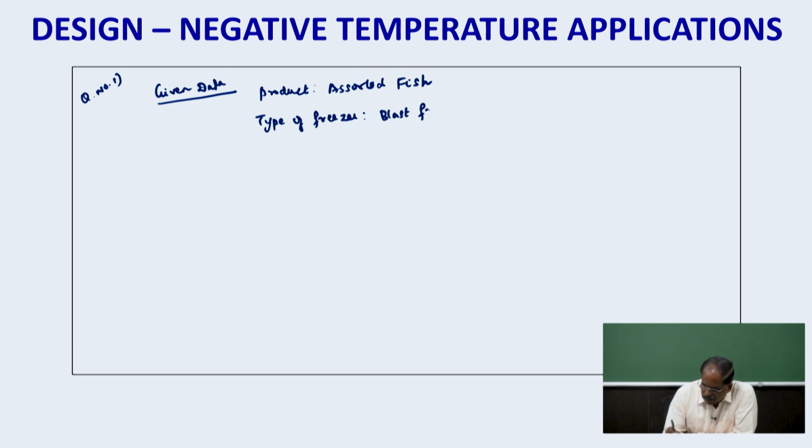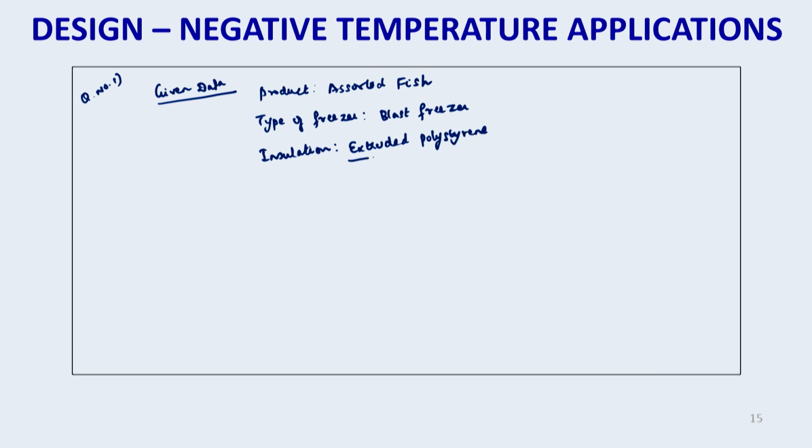Insulation is extruded polystyrene. We can use this also as EPS. When we differentiate, it's better to write whether it's extruded or expanded. Insulation thickness is given.